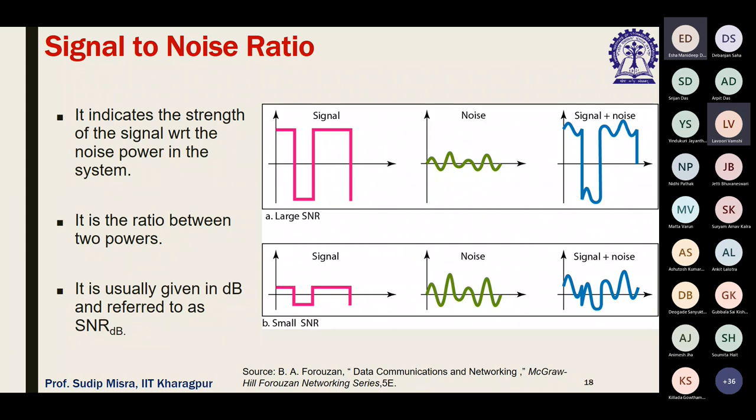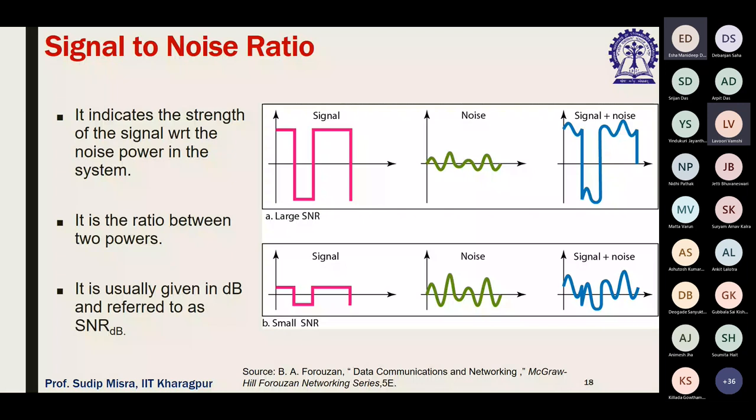The signal to noise ratio indicates the strength of the signal with respect to the power of the noise. So you see that it's a ratio between the two signal strengths, the strength of the signal by the strength of the noise.